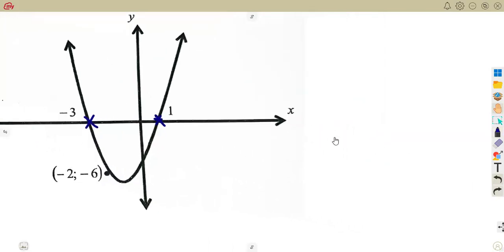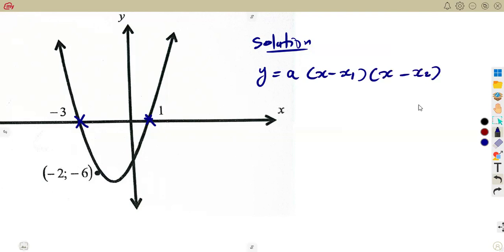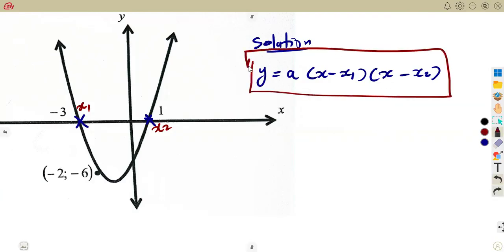Remember I said whenever you've got this condition, we can simply use this way: y is equal to a into x minus x1 into x minus x2, where x1 and x2 are the x-intercepts. So you can just call this x1 and this one x2. So by substituting into this format, this is the basic part that you need to actually understand when dealing with your functions. Yeah, what are you working with?